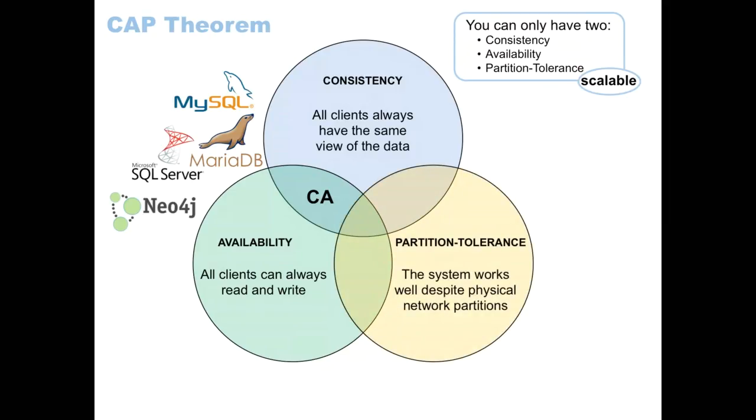So, partition tolerance, the system works well despite physical network partitions. And databases that fall into this category are Apache HBase, MongoDB, which we'll talk about, and Redis.